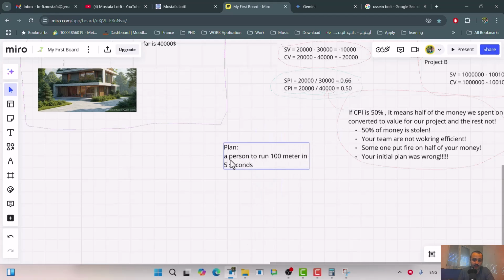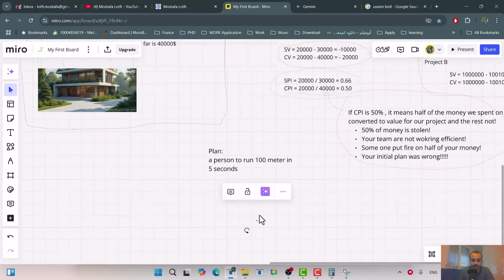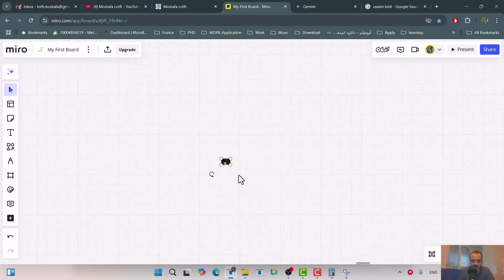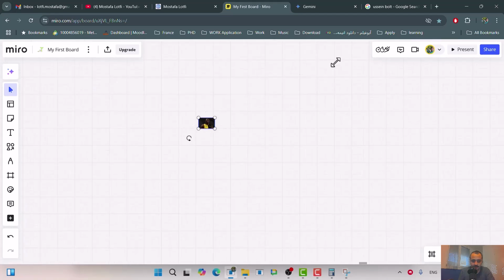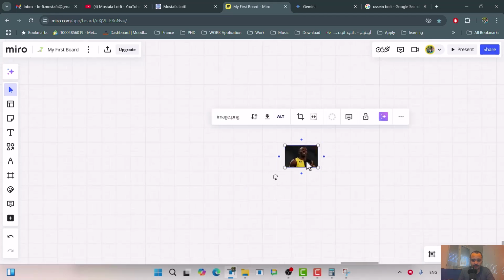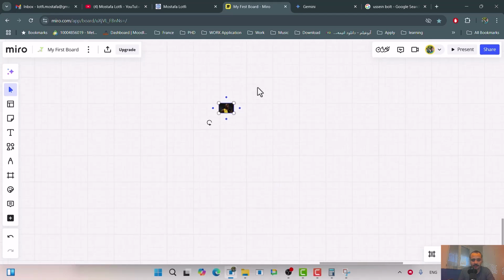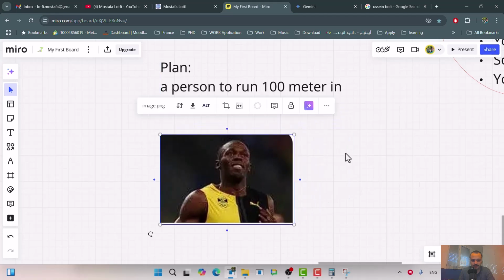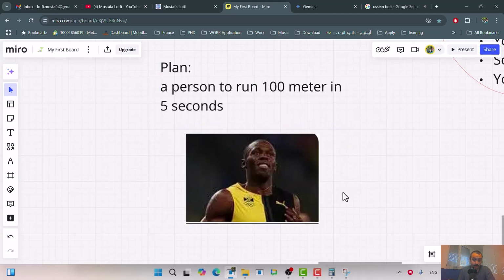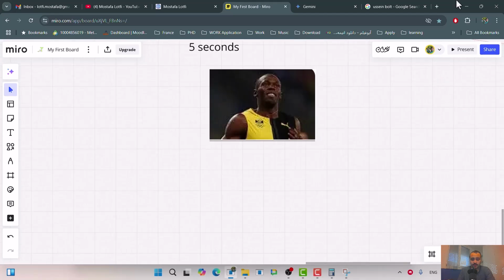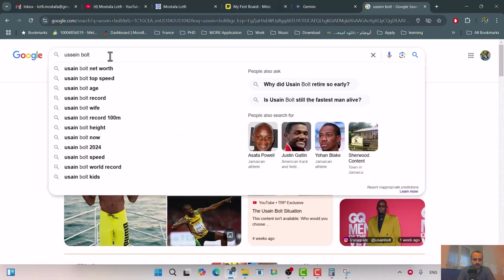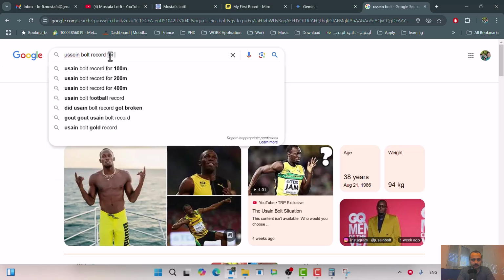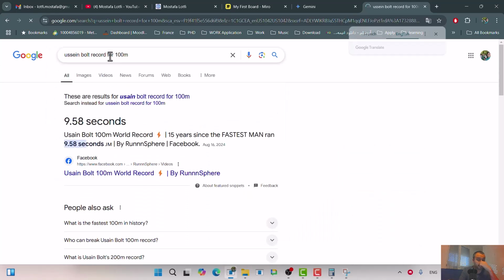This was your plan. Then this guy comes, a legendary runner, so you cannot question his performance, right? For running, you cannot question the performance of a guy like Usain Bolt. And his result, Usain Bolt's record for 100 meters is 9 seconds, right?